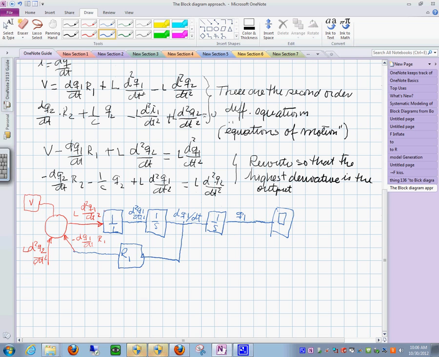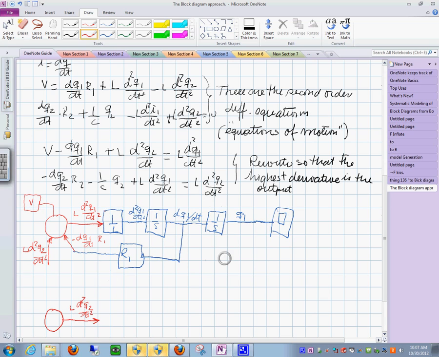And in here I am going to write it clearly here. The second one is going to have my, so this is going to be the L d squared q sub 2 dt squared, like that, this one.